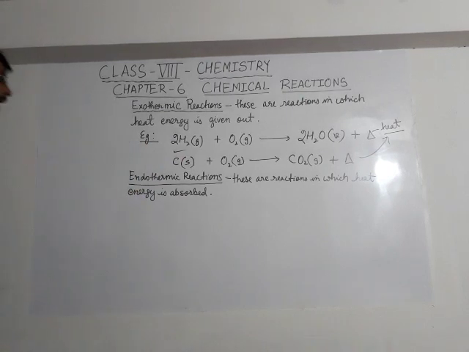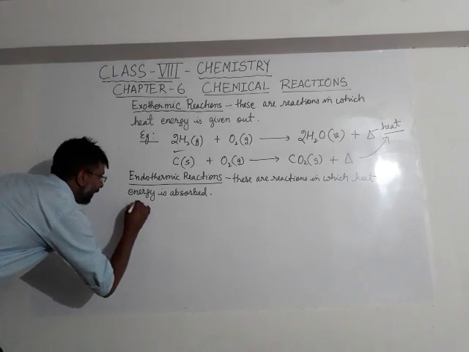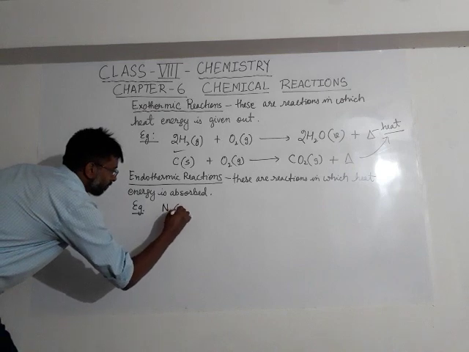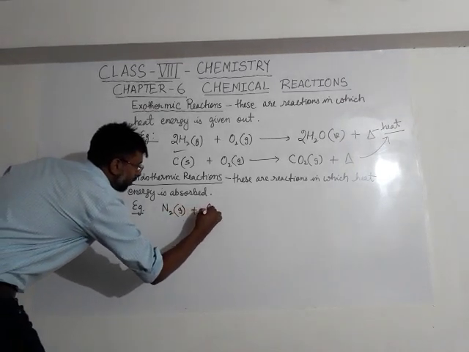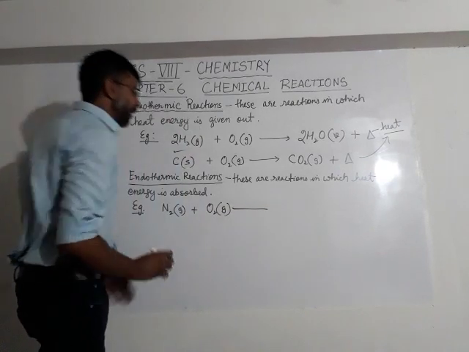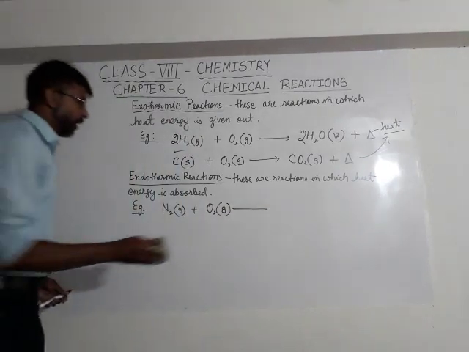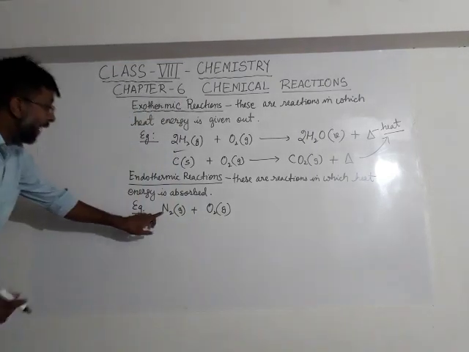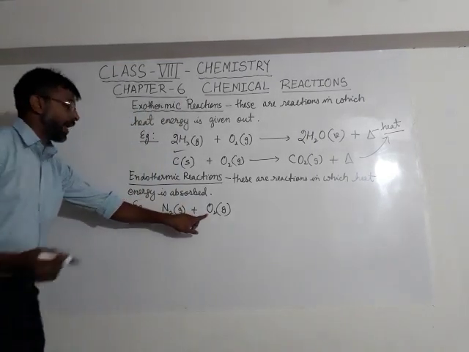The first example over here: nitrogen gas combines with oxygen gas. Over here, I will not put the arrow first, but since this is an endothermic reaction, nitrogen gas combines with oxygen gas.